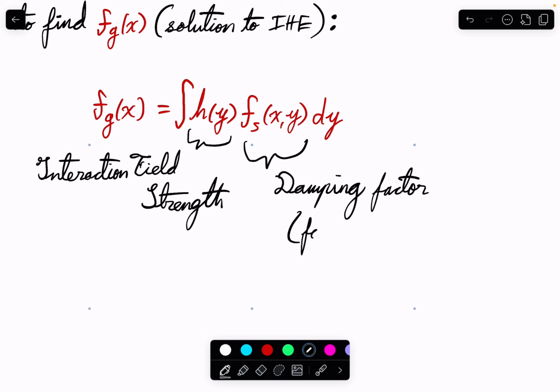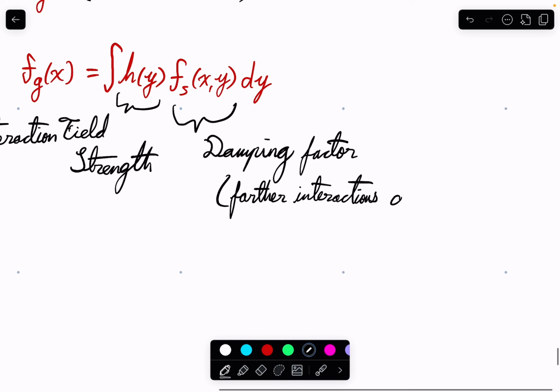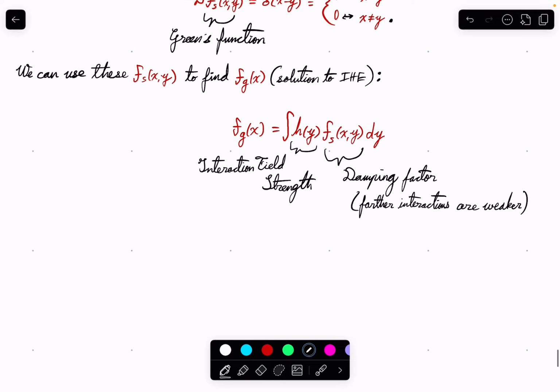It's basically farther interactions are weaker. So field interactions that are farther away from the source of the interaction or from the main interaction are weaker and they contribute less. So this integral looks at the interaction field strength and then these damping factors and sums them all up and gives you the general solution.